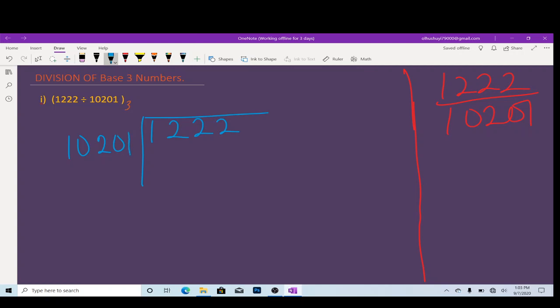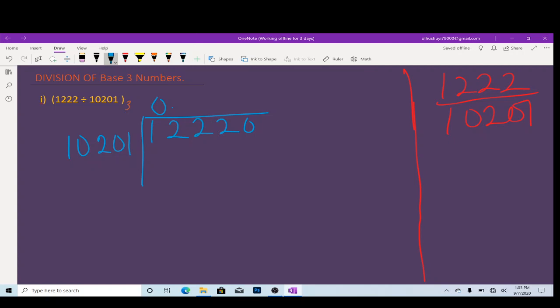So 1 2 2 2 is less than 10,201. It is greater than it, so you have this will be 0 point. Add 0 to this. Then this here is 12,000 and this is 10,000.